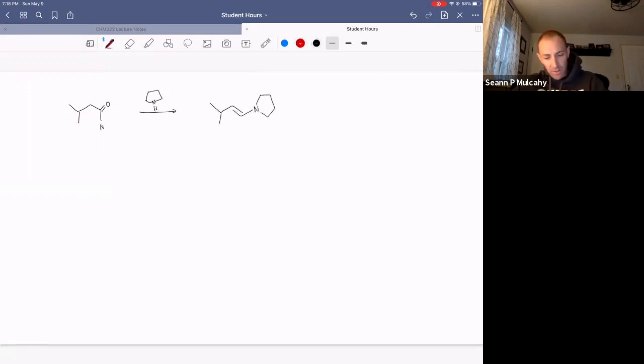So remember, you can have a secondary amine attack a carbonyl. That's going to give you a tetrahedral intermediate, like such, right? That is going to, let's say, grab a proton.